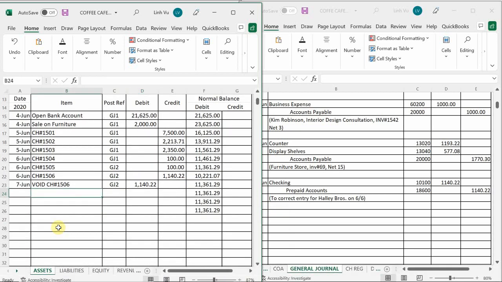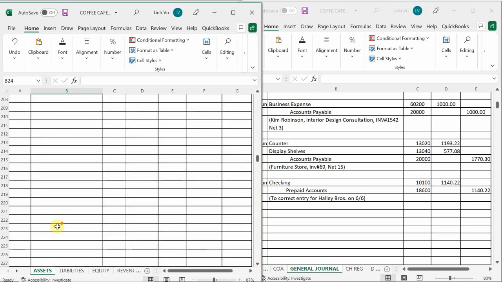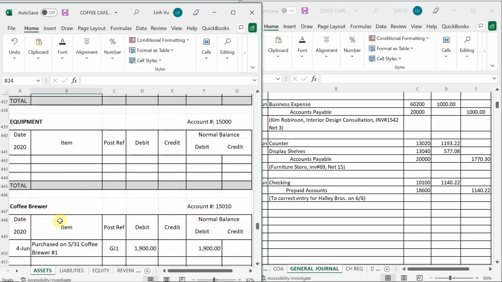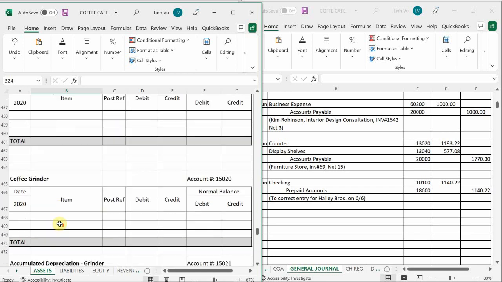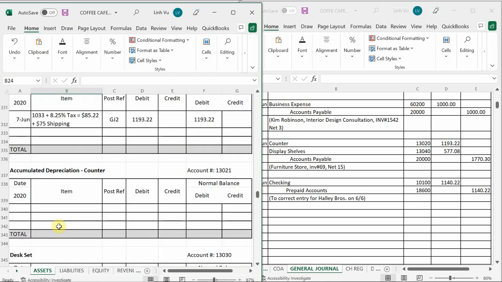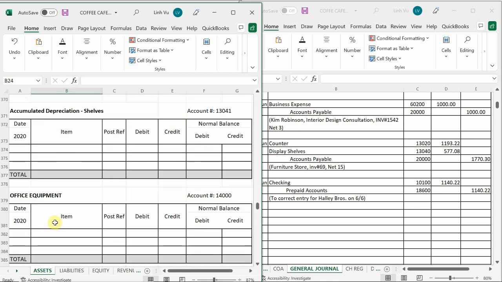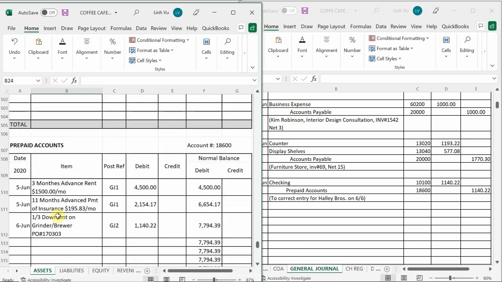And of course, not only do I have to do that, I also have to adjust my prepaid accounts because I canceled this order. Or I cancel the check, so I revert my prepaid accounts. Office equipment. Okay, here we are, prepaid accounts.